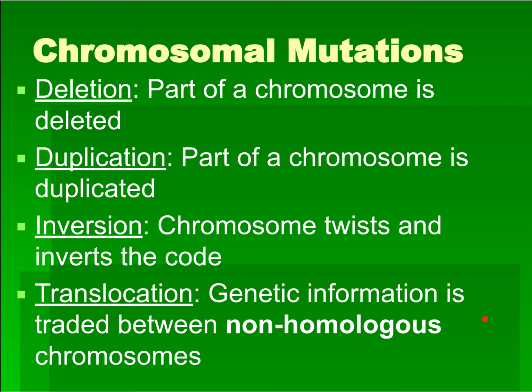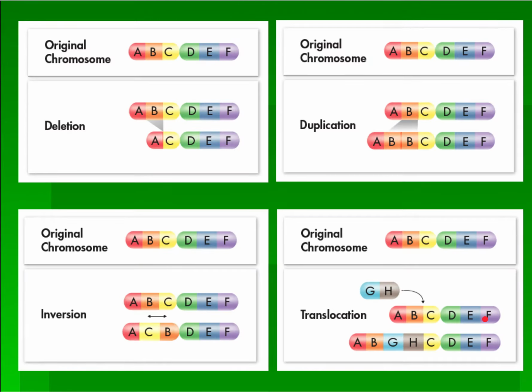But there also could be something called non-homologous chromosomes, and that's where it's just a chromosome next to another one. It doesn't necessarily have to be for the same gene or the same attribute that this organism is trying to express.